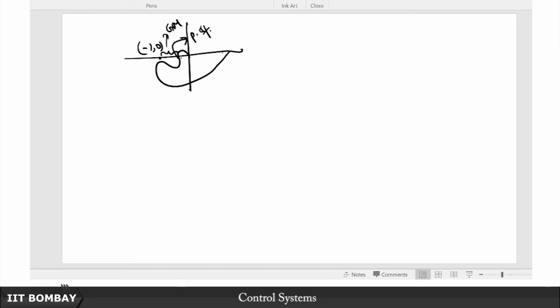So even if you haven't really given it sufficient gain to have this crossover point sufficiently close to -1, 0, and you might think you are safe, in reality maybe you increase the gain a little more, and this thing then starts to encircle, and then you are in trouble, right.